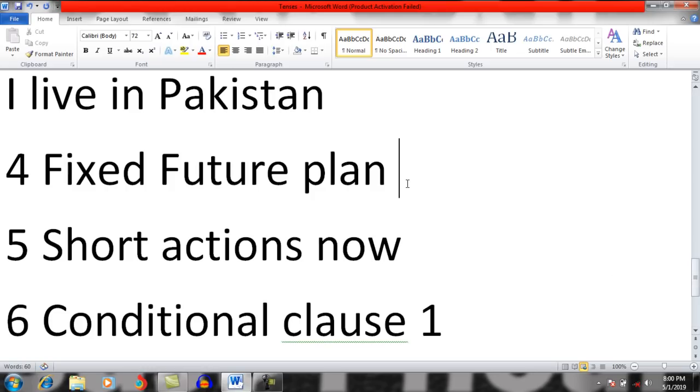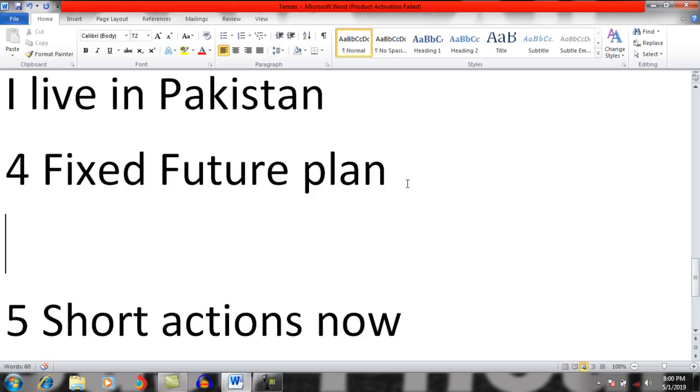Point number 4, fixed future plan. Those actions or activities which you have planned and which you have the intention to do in the upcoming time, and you don't want to change them. In that case, we also use present simple.